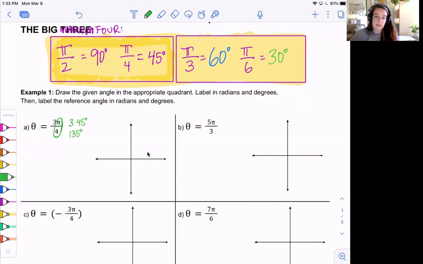Or if you're thinking about it on our graph here, we have 3/4 of a pi. If pi is 180 and we split it into quarters, 1, 2, 3, that would mean that our angle would be over here. This angle here would be 3 pi over 4, and it would also be 135 degrees.